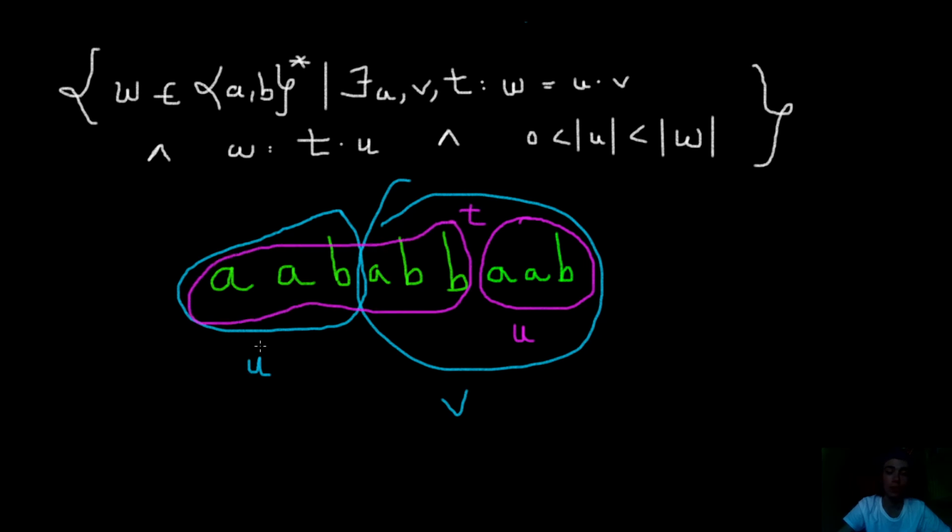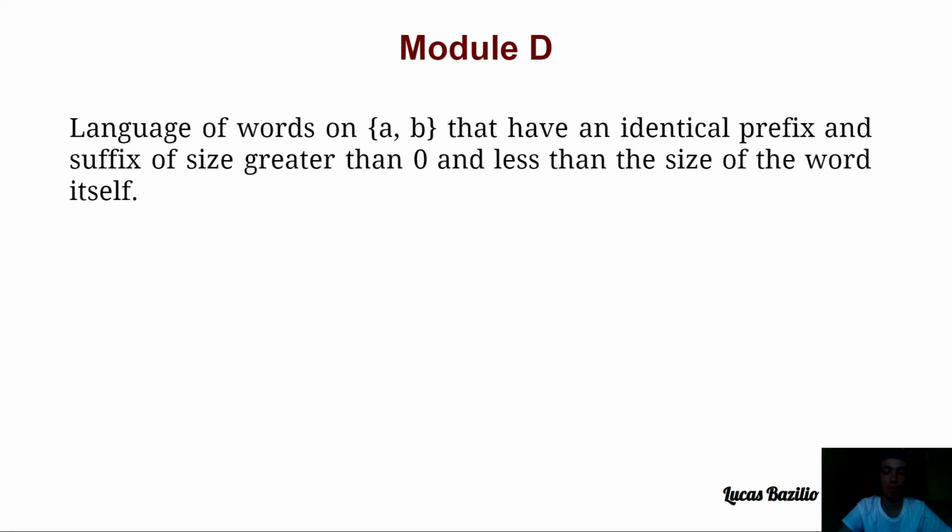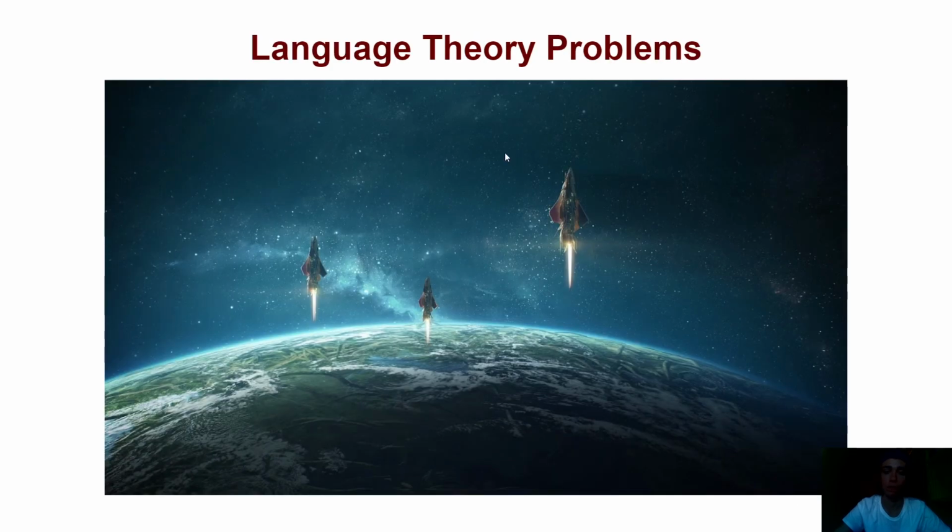So as we see, we have some prefix and some suffix which is the same, the subword u. Essentially, what's important to notice is that the subword u is the main goal, to have the prefix u and the suffix u. So with this, we finish this formalization on problem 1. We have now solved problem 1 module D, and with this we finish problem 1.